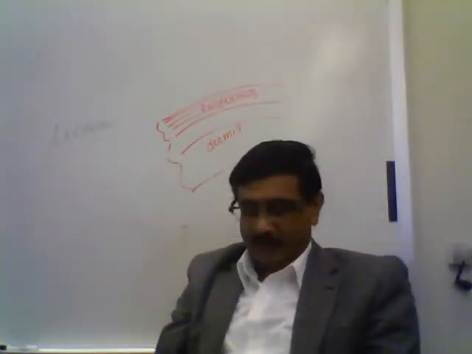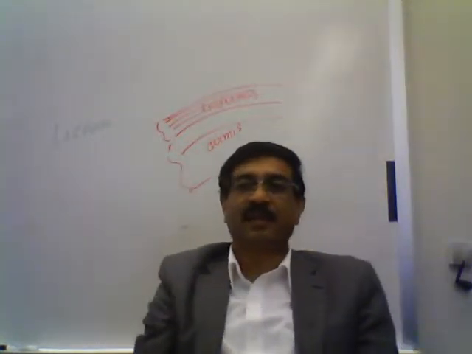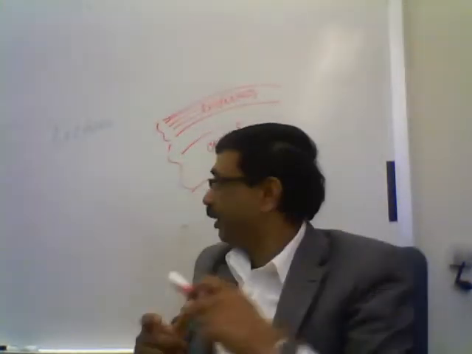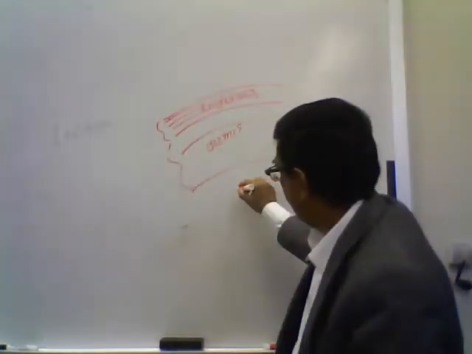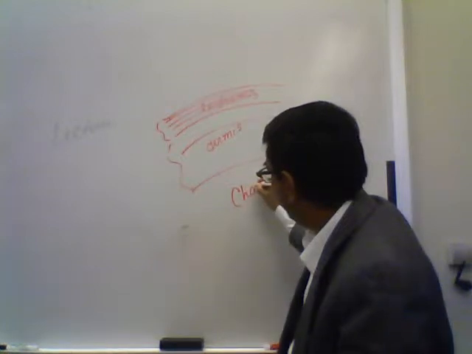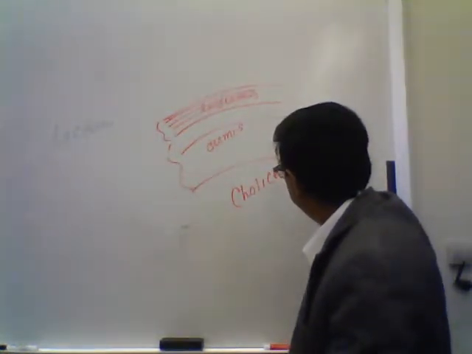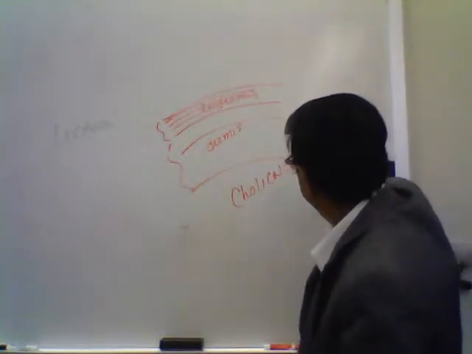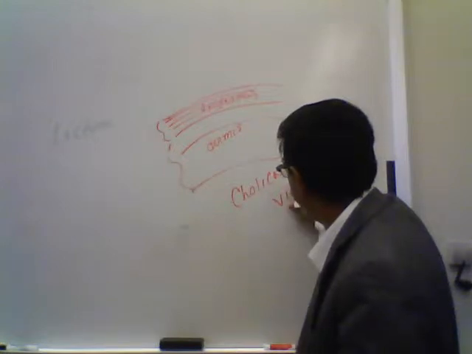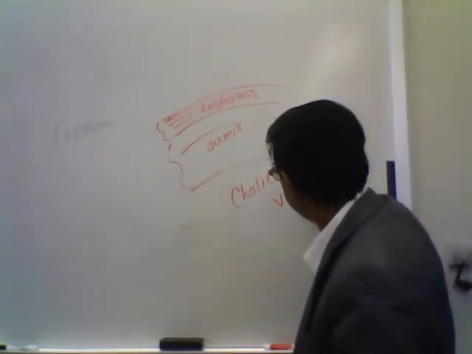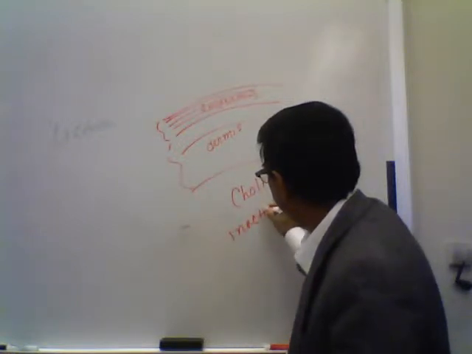Metabolic functions. I have mentioned before that with the help of sunlight, skin produces a chemical called cholecalciferol. You must remember that skin produces the chemical cholecalciferol, which is an inactive form of vitamin D, a precursor of vitamin D. Then what happens?